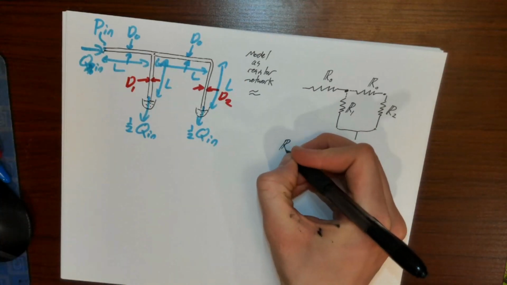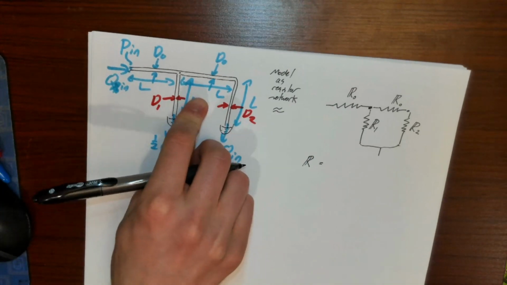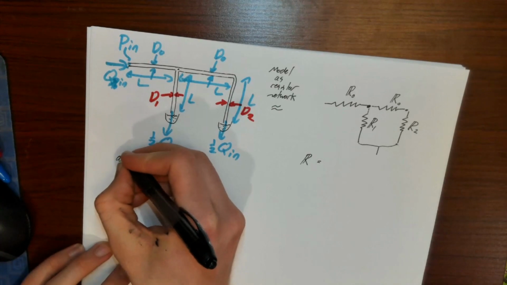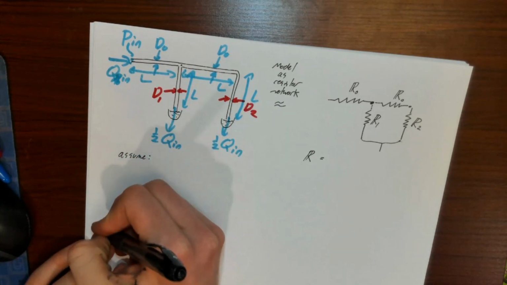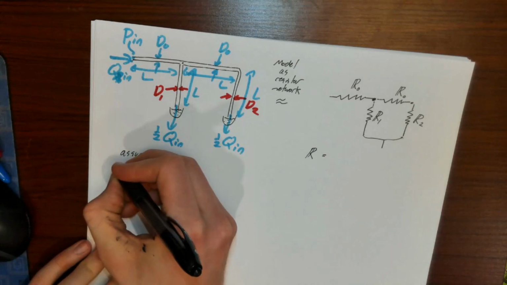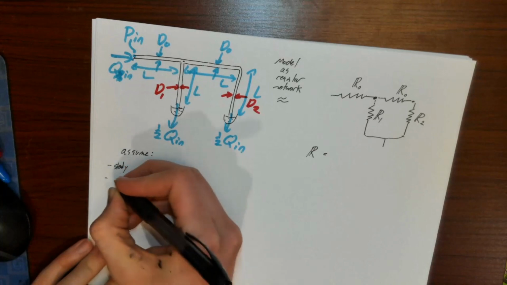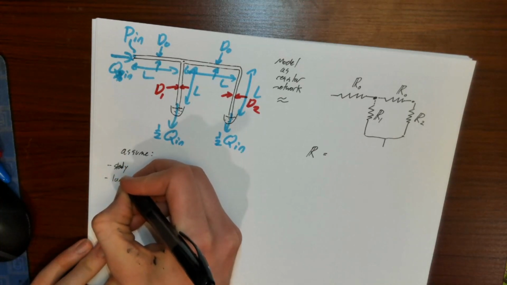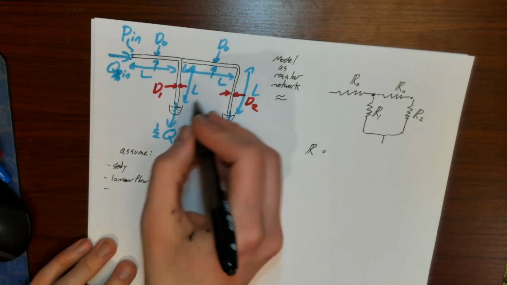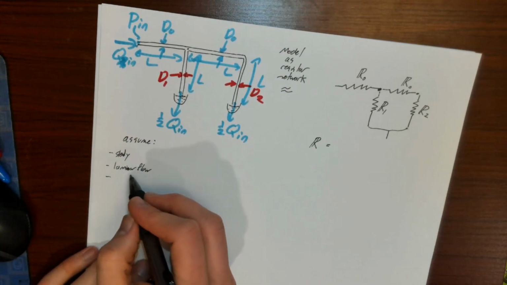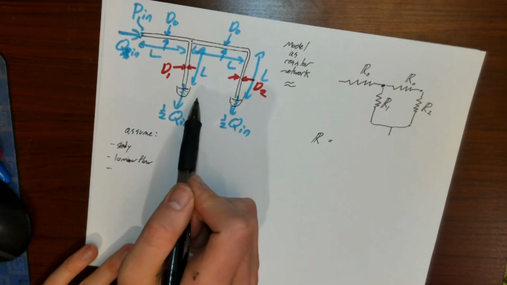If we think about the equation for any fluidic resistance, if we're assuming circular cross sections, there's a whole list of assumptions that we need to make. We're assuming we're in steady state. We're assuming we have laminar flow through all of these tubes, which would be a pretty good assumption, unless we're really blasting this cell culture medium.